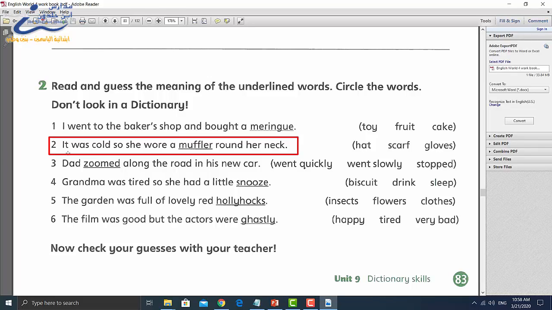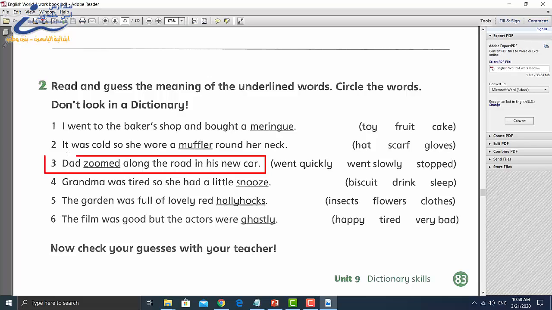What's meant by muffler? Is it hat, scarf, gloves? Yes, scarf. Number 3. Dad zoomed along the road in his new car. What's meant by zoomed? Is it went quickly, went slowly, stopped? Yes, went quickly.